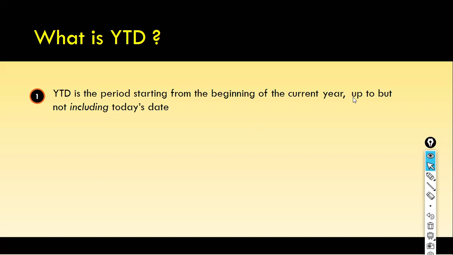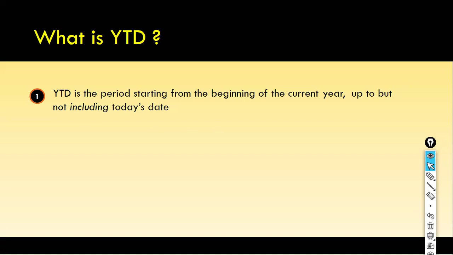But here I mentioned that year-to-date is the period starting from the beginning of the current year. Let's say my manager is asking, hey Satya, can you please give me year-to-date sales. He is calling me today and telling me. That means I need to start the sales values from 1st January 2024 until date, but not including today's date.